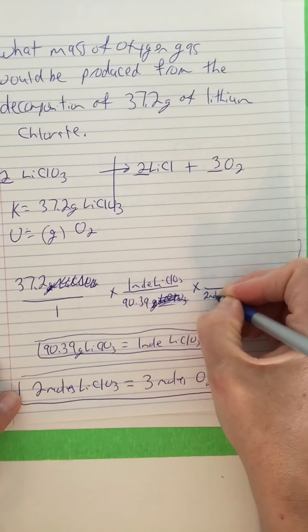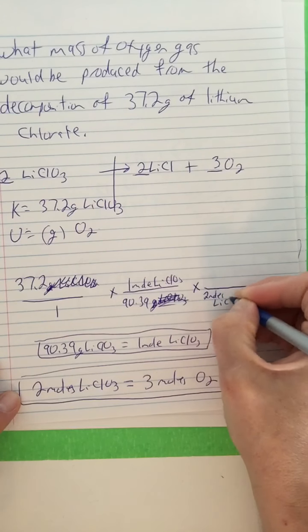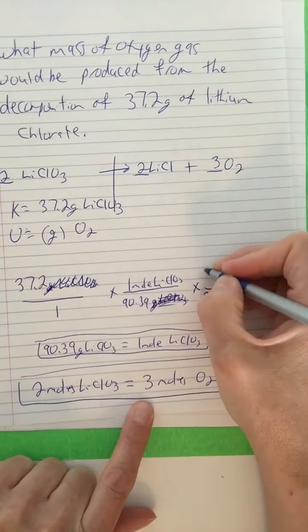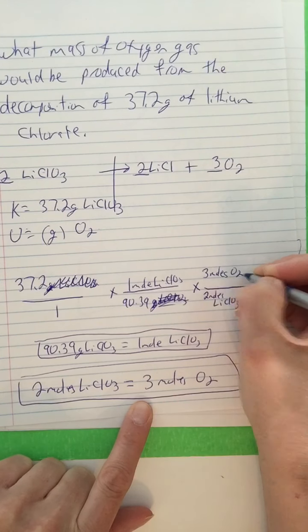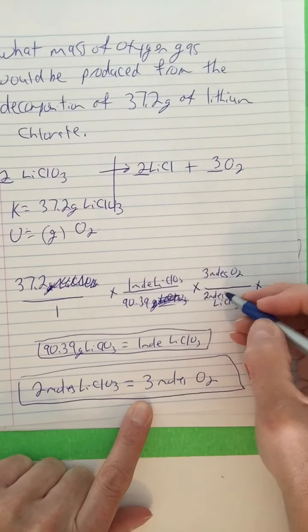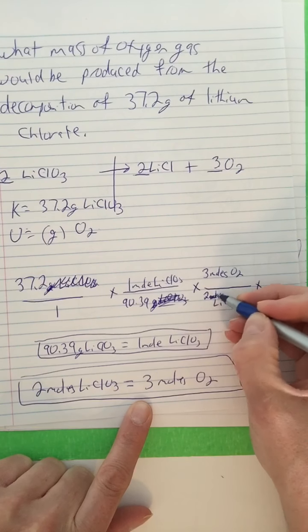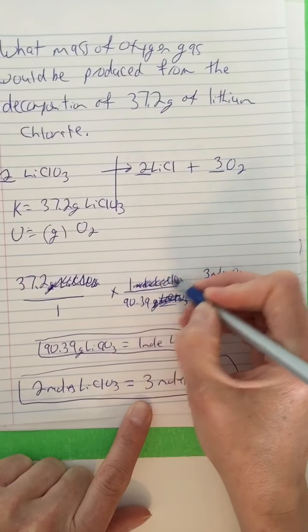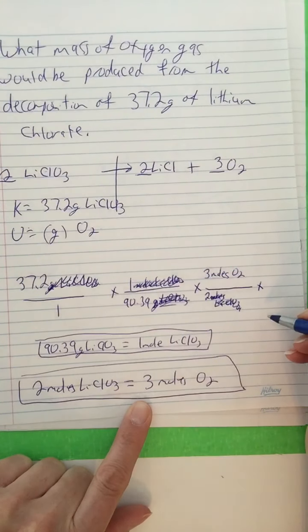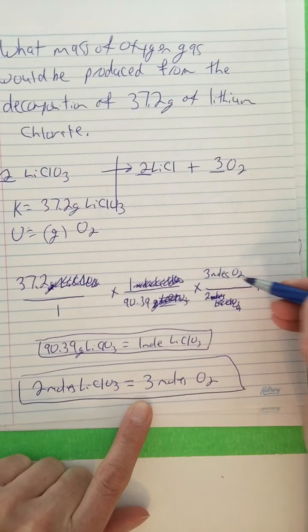2 moles LiClO3 on the bottom. On the top, I've got 3 moles of O2. That's the conversion factor. So I get to cancel out, not the 2, but just the moles of lithium chlorate, and I'm left with moles of oxygen. That's awesome.